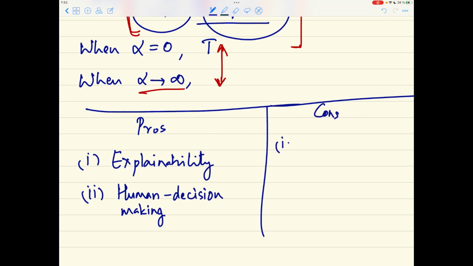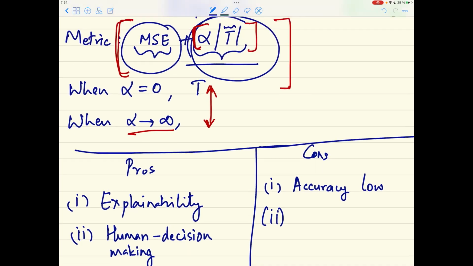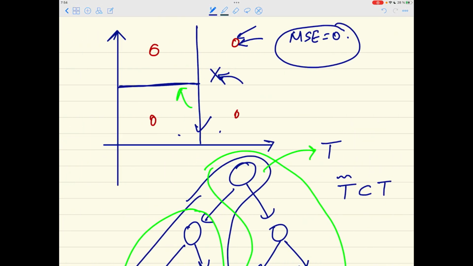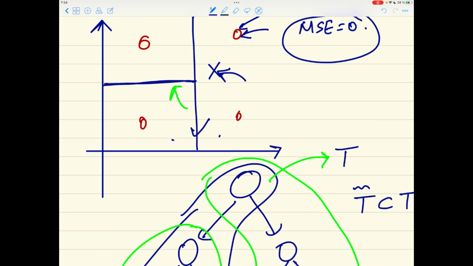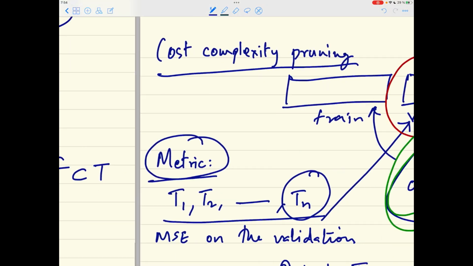Now let's discuss a few cons. Firstly, the accuracy of these decision trees could be low compared to other regression methods. Even compared to linear regression, it might happen that a decision tree does not provide good enough accuracy. And secondly, the trees that we obtain are very sensitive to initial data. If you perturb the initial data just slightly, the splitting of the input feature space can change drastically, and this might result in a totally different tree, which will eventually have a different output.